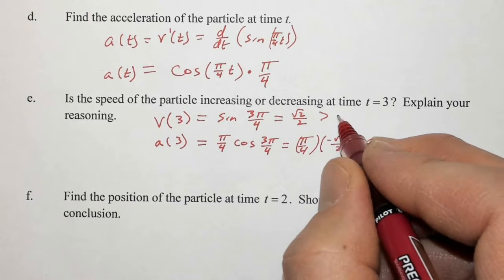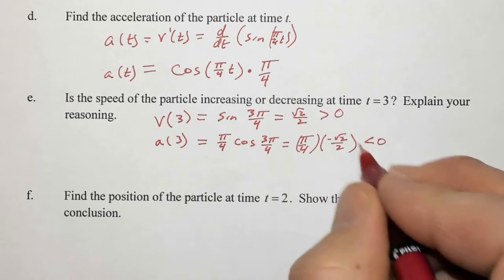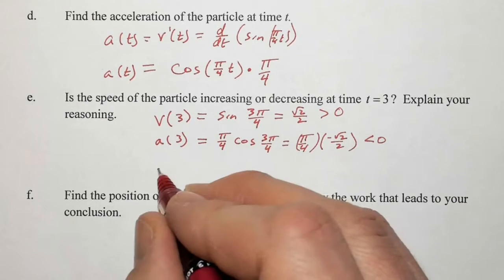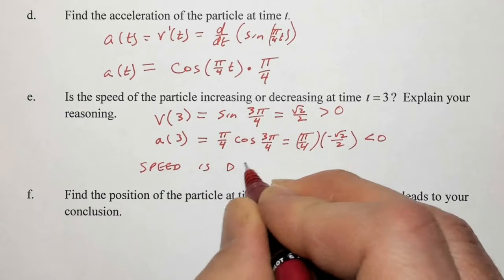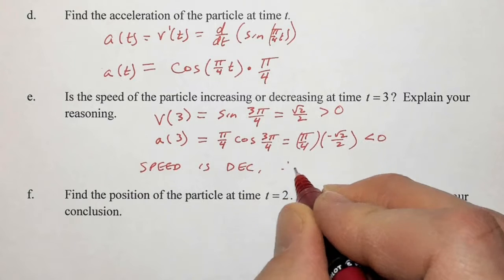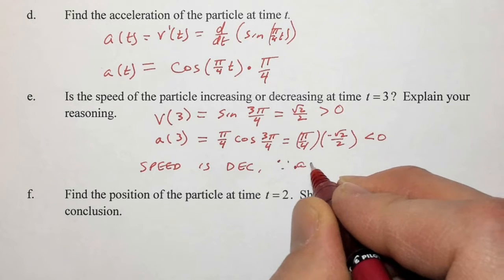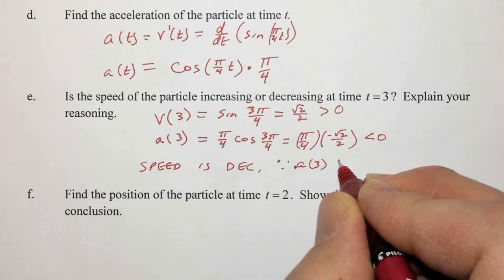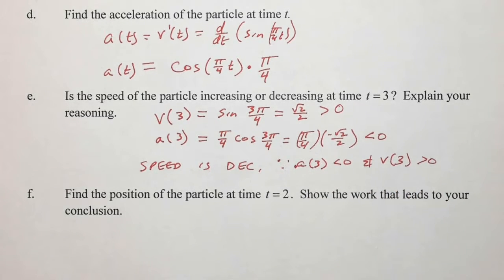I know that the square root of 2 over 2 is greater than 0, so therefore our acceleration and velocity have different signs. So the speed is decreasing. All right, why? Because, oops, that's therefore. Because A of 3 is negative and V of 3 is positive.